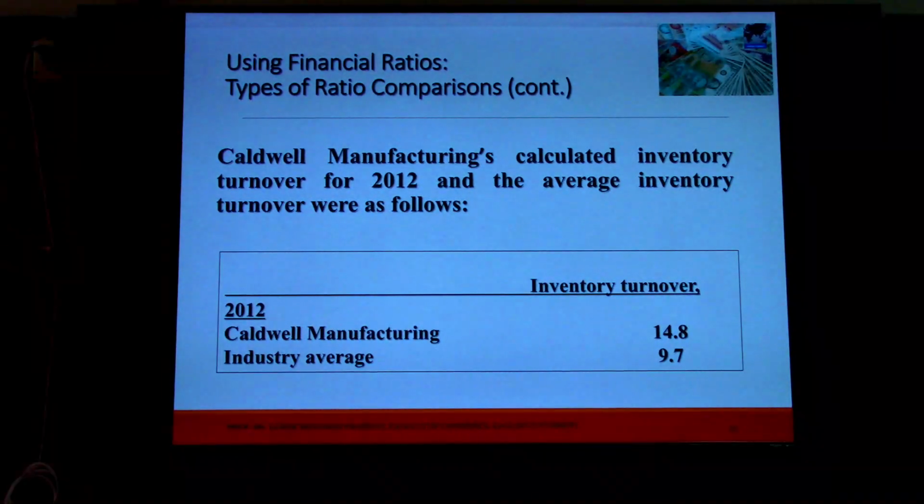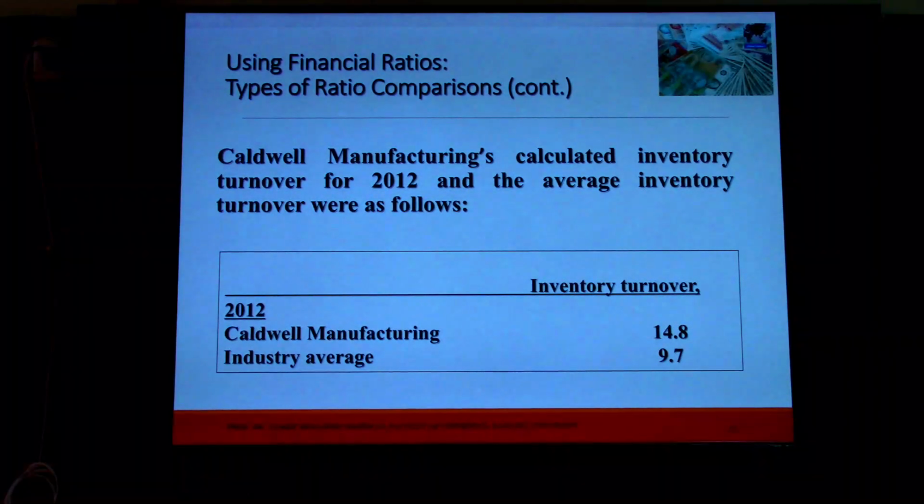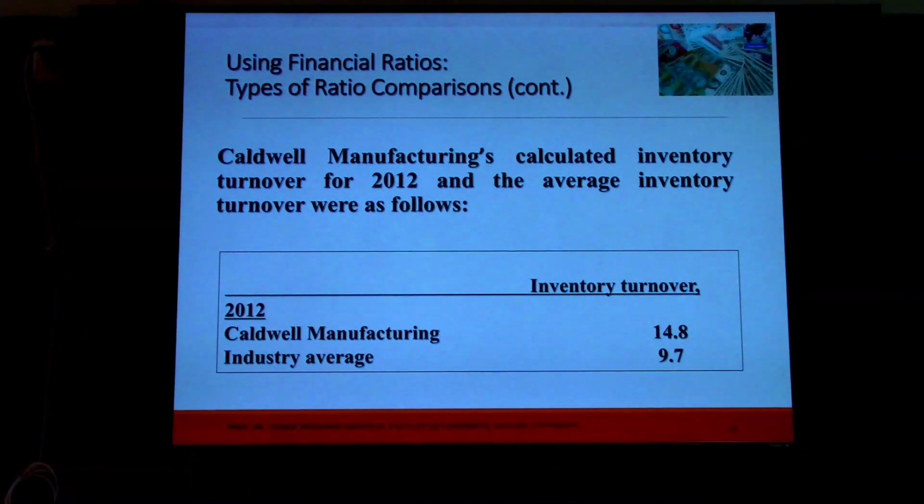Example for this. Imagine here this is a specific firm in a specific date of time, for example in 2012, and you have the ratio of the inventory turnover, معدل دوران المخزون.